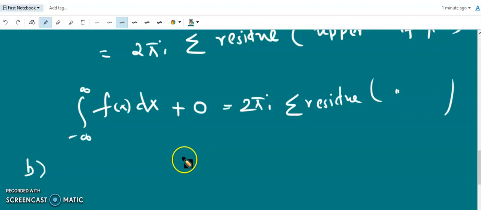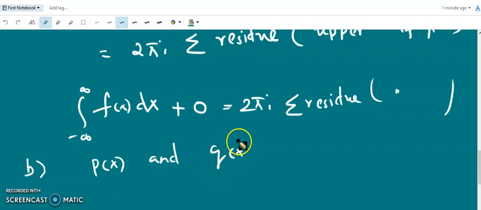Okay. So here we have two functions, p of x and q of x, and q of x has a degree at least 2 greater than p of x.